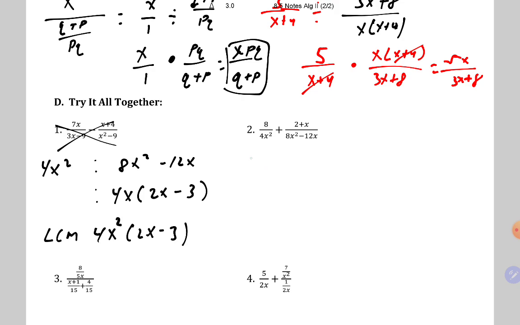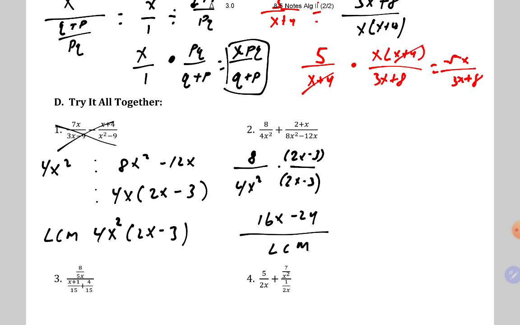Okay, so the first fraction, 8 over 4x squared, we need to multiply both top and bottom by 2x minus 3 to make it look like the LCM. This is going to give me 16x minus 24 over the LCM.